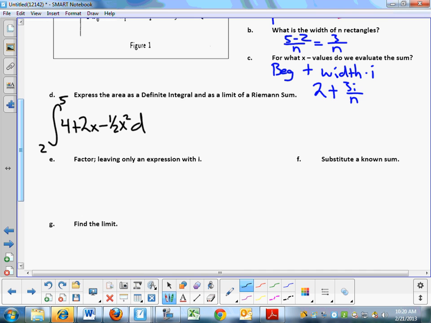dx is equal to the limit as n goes to infinity.